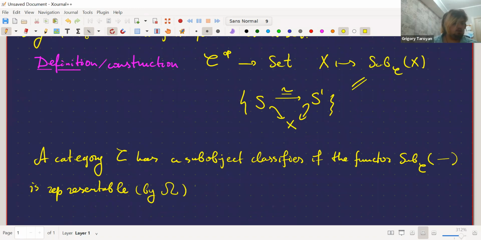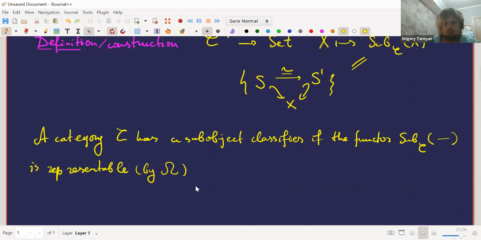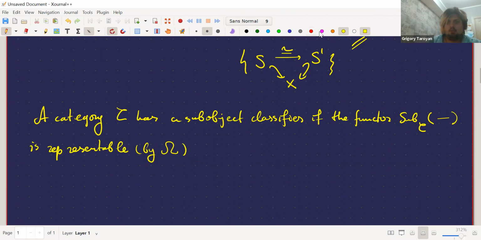Okay, so now I will formulate a proposition which says precisely this thing, but more rigorously.